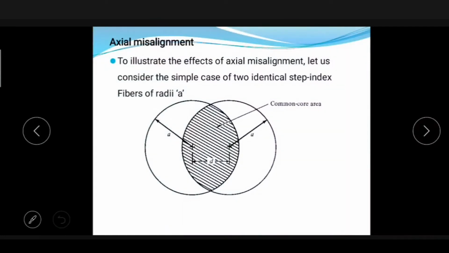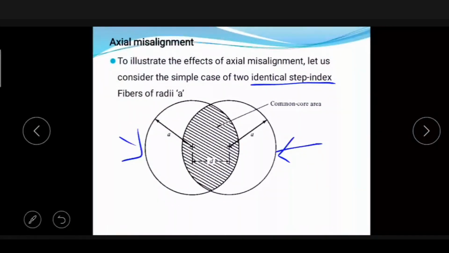Okay. So axial misalignment. To illustrate the effects of axial misalignment, let us consider a simple case of two identical step index fibers of radii A. So this is one fiber, the emitting fiber, and this is the receiving fiber. And we can see the common core area.